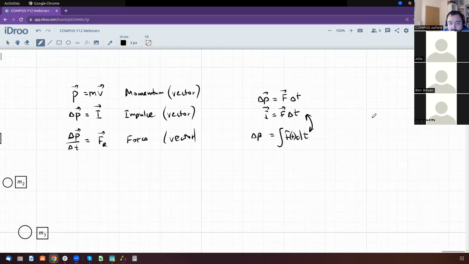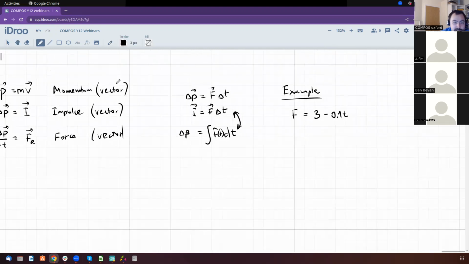So for example, let's say the force starts with 3 newtons and then decreases by 0.1 newton every second. So this is a force which depends on time, which is a function of time.